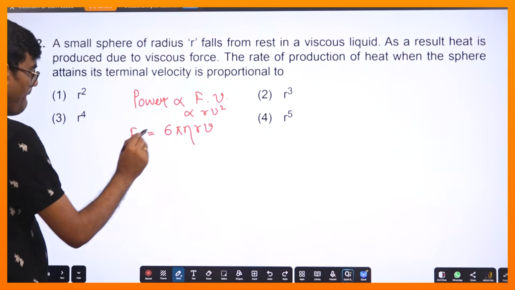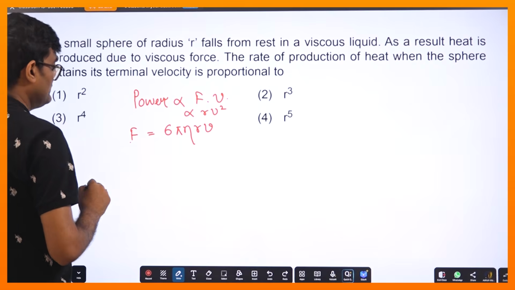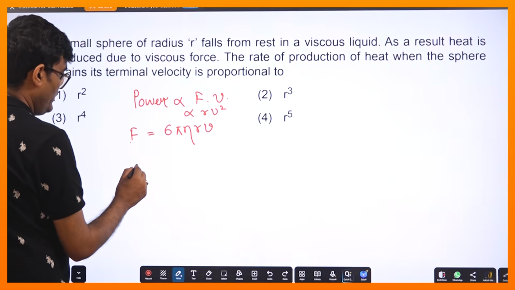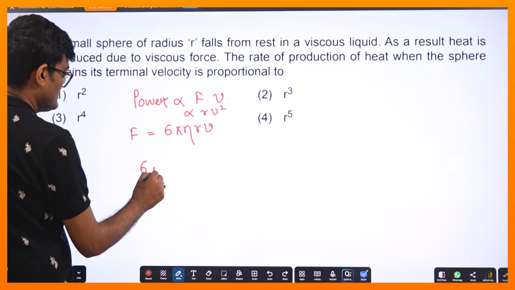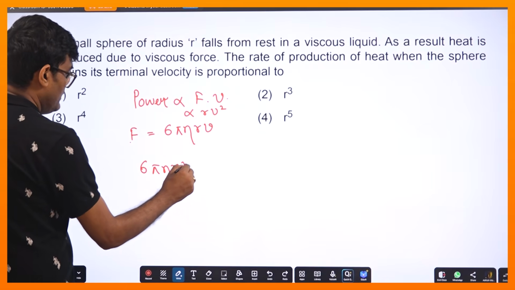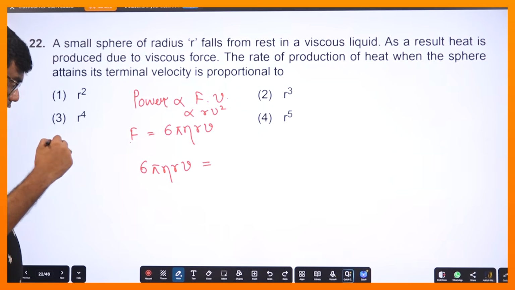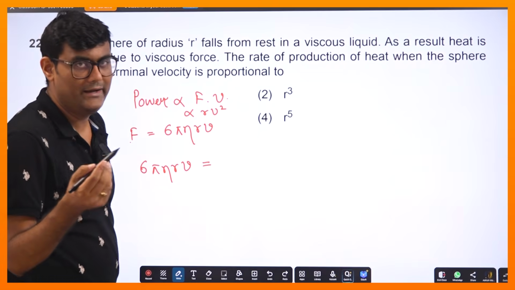Now the V, if you remember the terminal velocity, how do I find terminal velocity? We find terminal velocity when the viscous force 6 pi eta RV balances the weight minus the buoyant force.